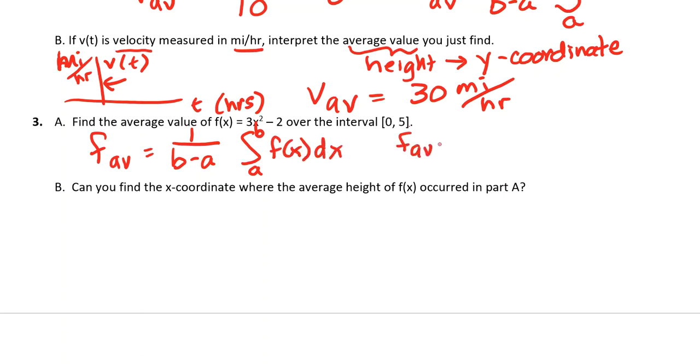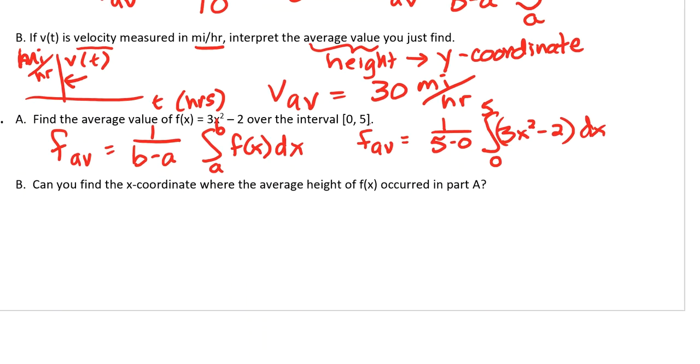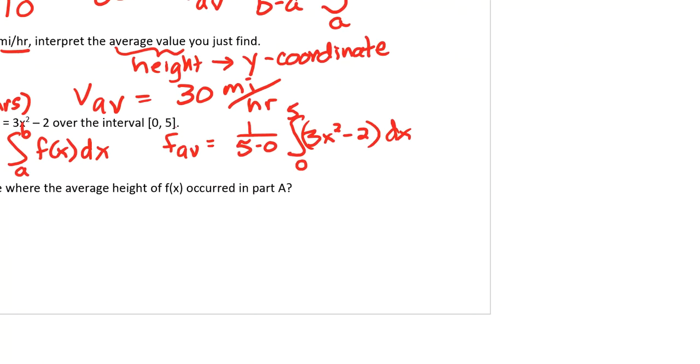To find the average value, our interval goes from 0 to 5, so the factor is 1/5. And we need to find the area, so we'll do the integral from 0 to 5 of 3x squared minus 2 dx.